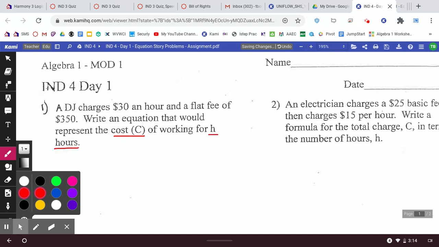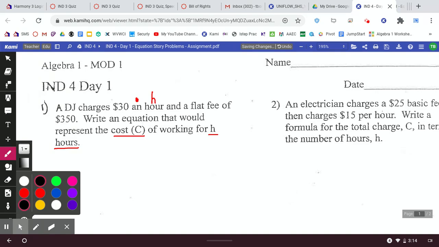So if we look back at our story problem, we've got a DJ charges $30 an hour. Well, we know that we're going to use an H to represent the hour. And anytime you have something that's an hour or per hour, it's multiplication.